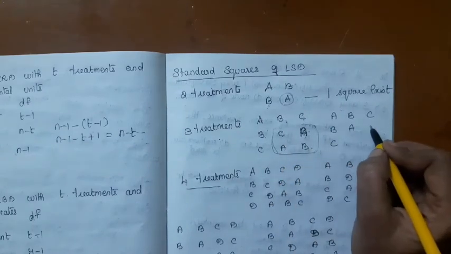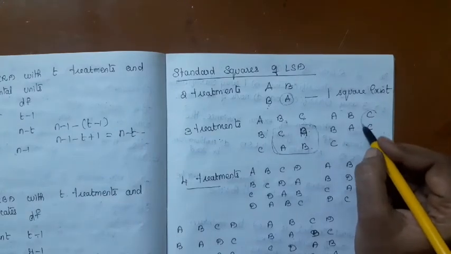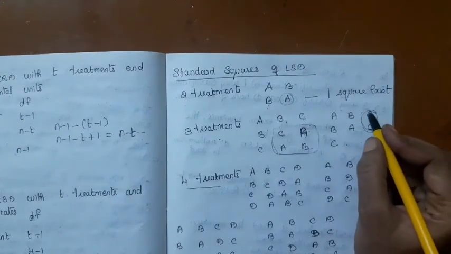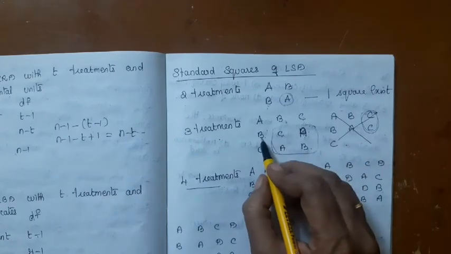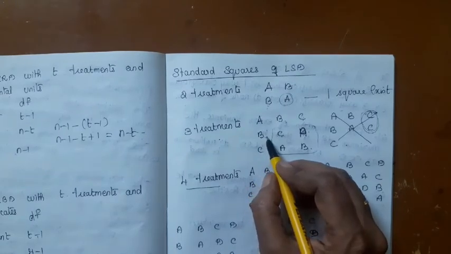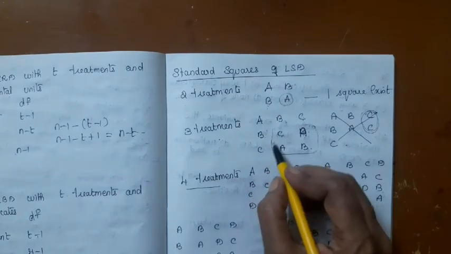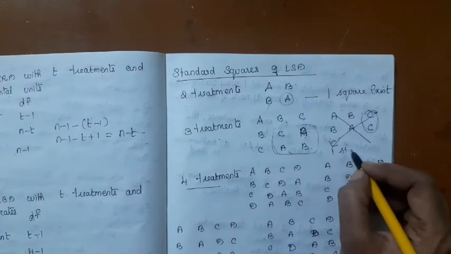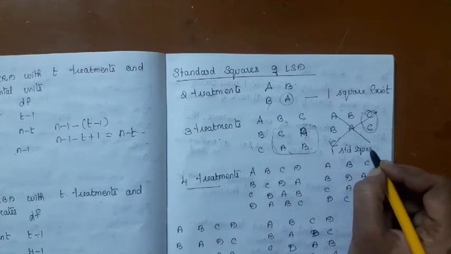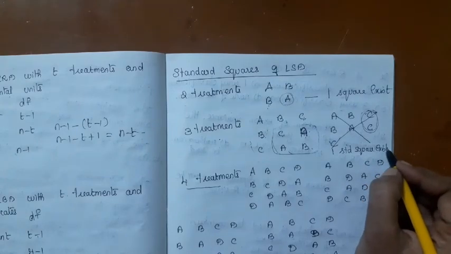If you put A here and C here, C will appear two times in the third column, which is not allowed. In every row and in every column, you should have every treatment occurring only once. So this is the only possible arrangement. So only one standard square of order 3 by 3 exists.